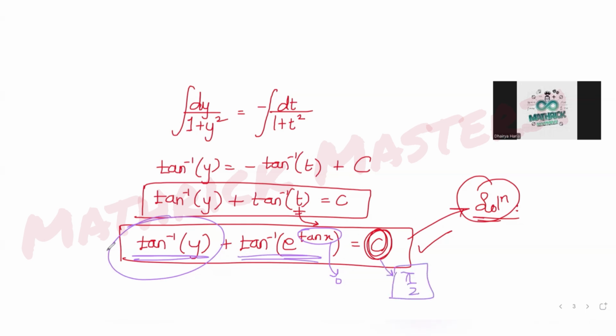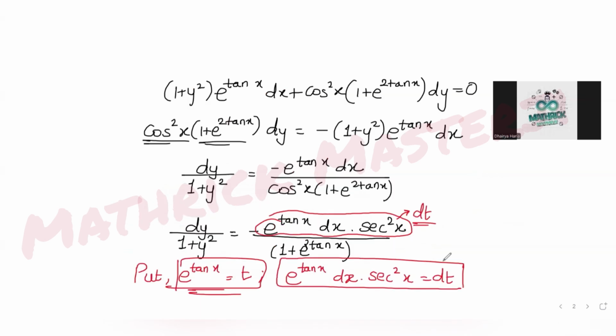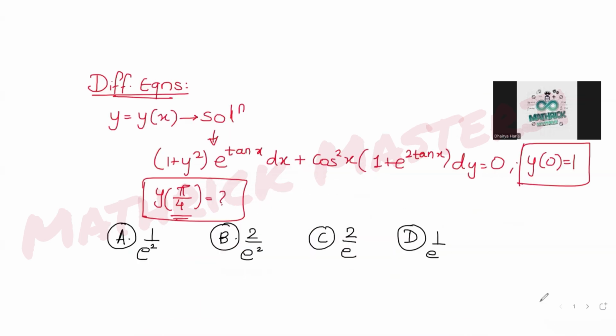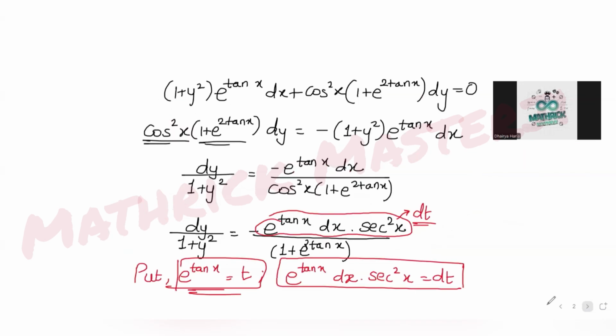Now, the question is asking me to figure out what is e raised to tan of pi over 4, or basically I can say what is the value of y at x equals pi over 4.